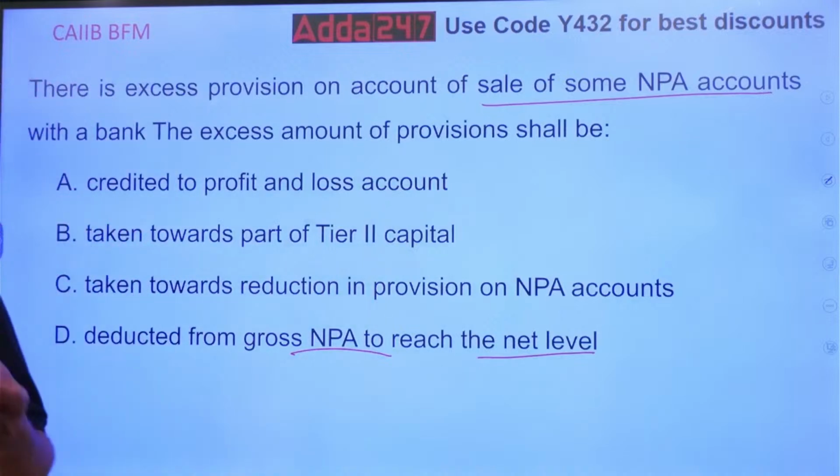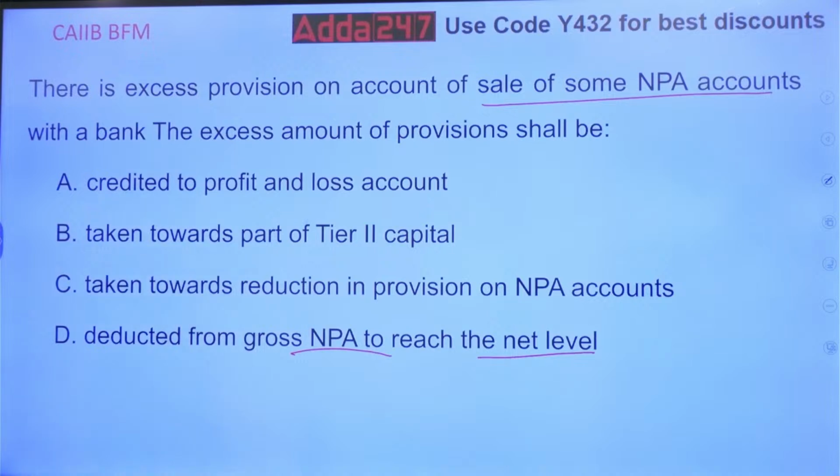Just now in the first question I told you, how this excess provision, or floating provision, is adjusted. How is it adjusted? It is converted or returned back to which one? Tier 2. That is the answer.